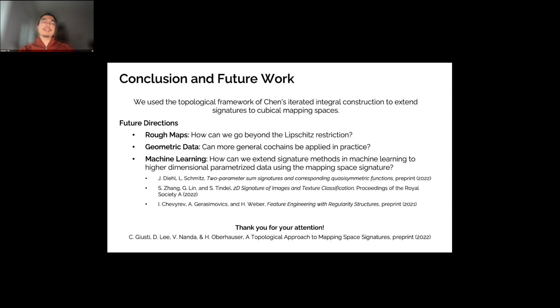They're only looking at fairly low degrees of the signature, and at this point these are still objects that are quite difficult to compute. But I think it'd be interesting to study whether there are good approximation methods or efficient algorithms to compute this in practice.